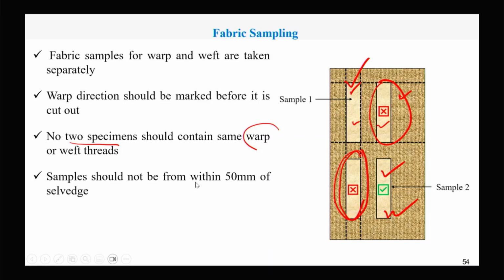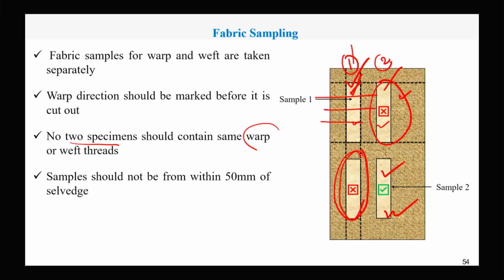Because suppose we want to test strength and we take specimen 1 and specimen 2, the problem would be there: although we are testing warp strength, the same warp and wefts are there. So basically for warp-wise strength testing, weft also takes part.